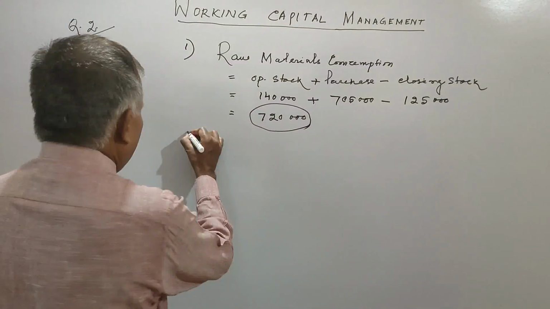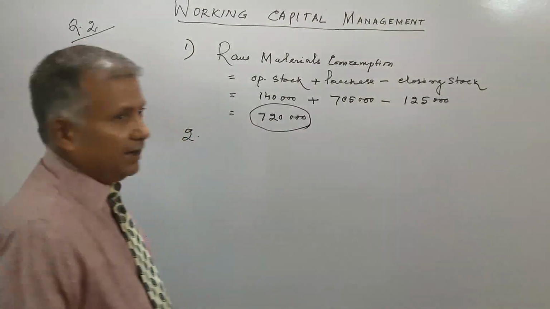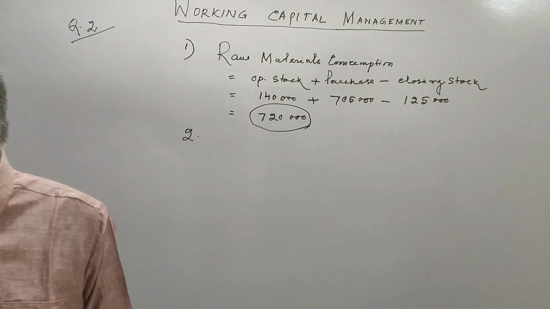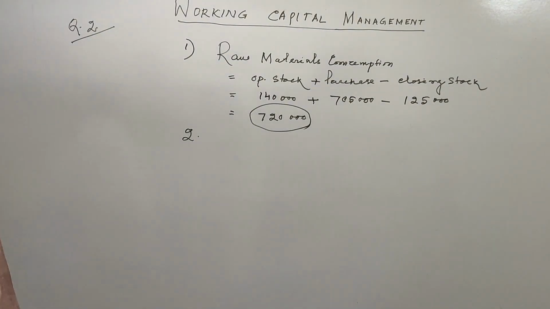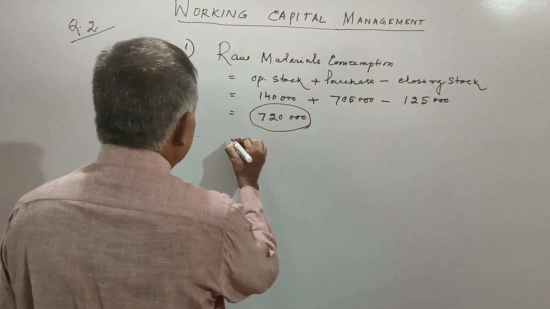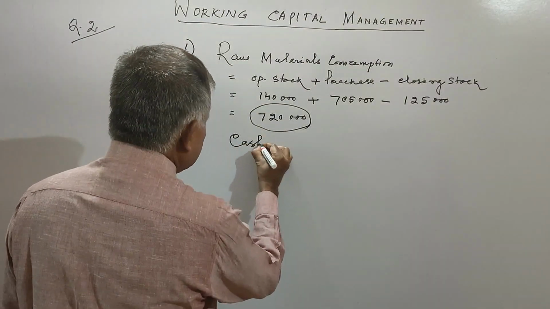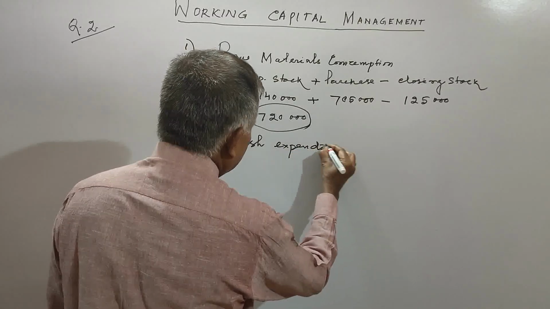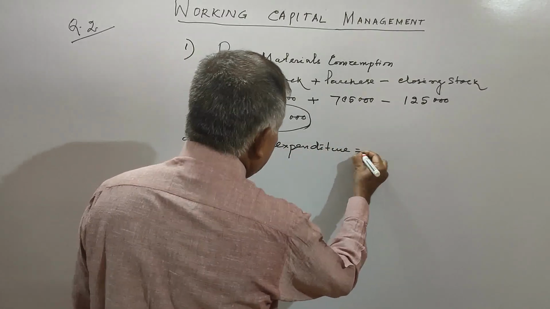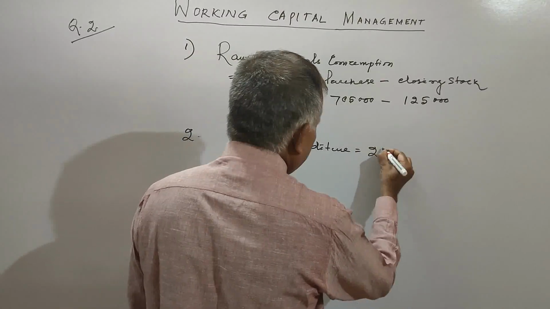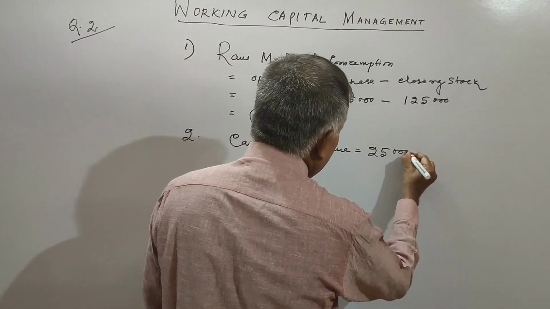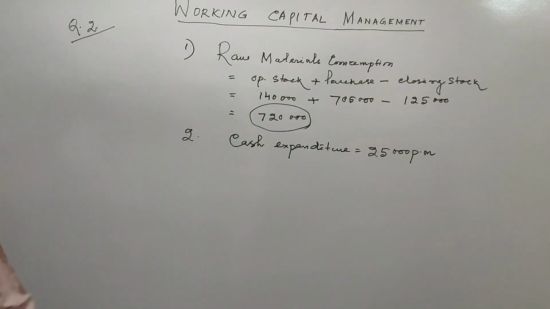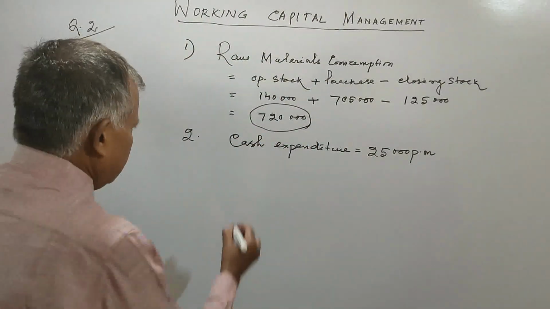Another important thing is your expenditure. In this problem they have given you the cash expenditure, monthly 25,000. So 25,000 per month is the cash expenditure. This is given in the question.